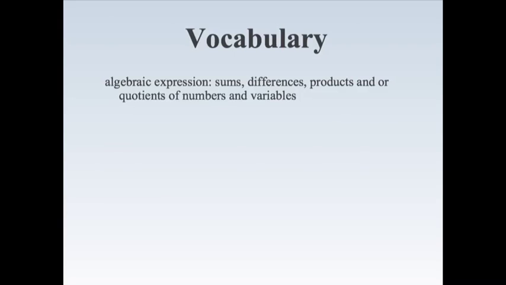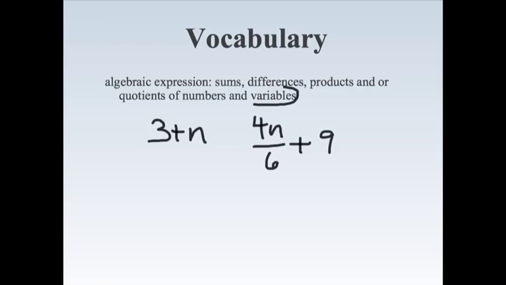What that looks like is something like 3 plus n, or 4n divided by 6 plus 9. Any variable will do. Variable in this case would be the letters that we're using in accordance with the rest of the numbers. And I can divide and add and subtract, or I could even add more diverse letters, all kinds of things. So these would be algebraic expressions.